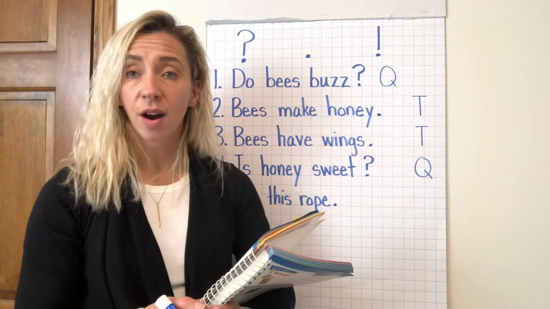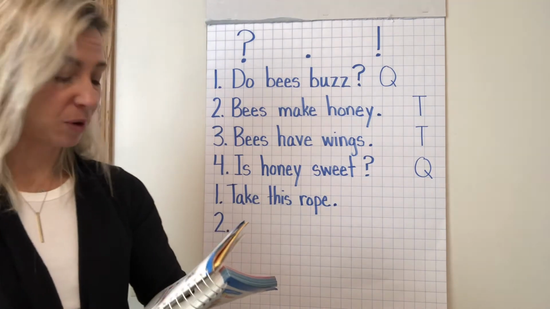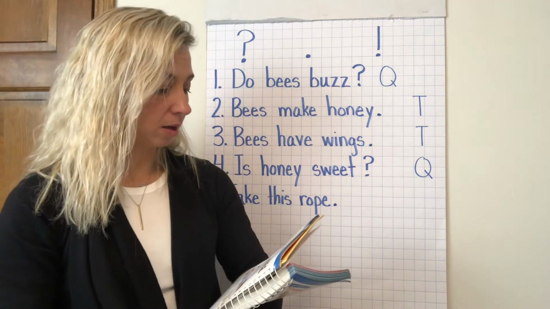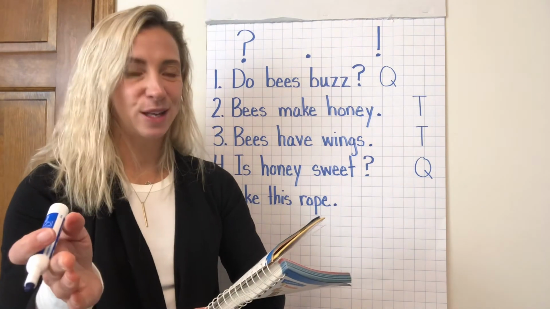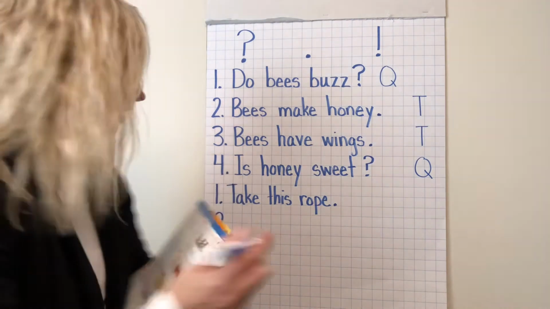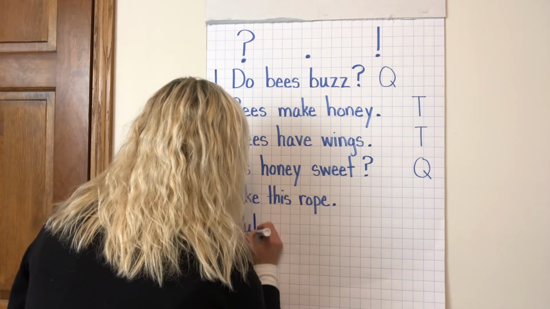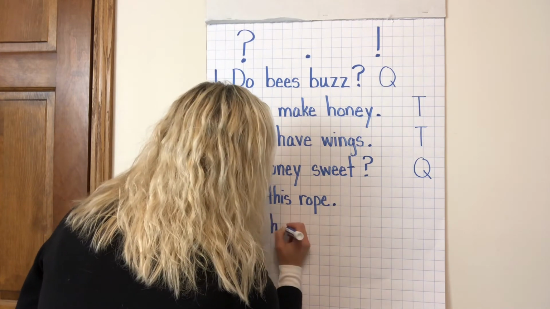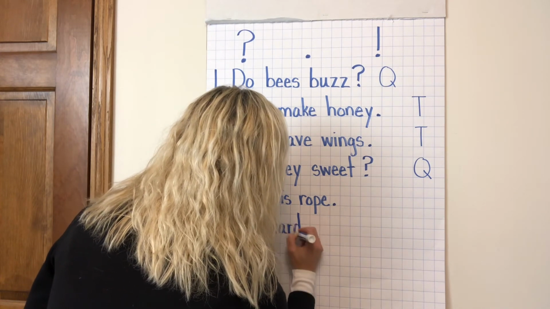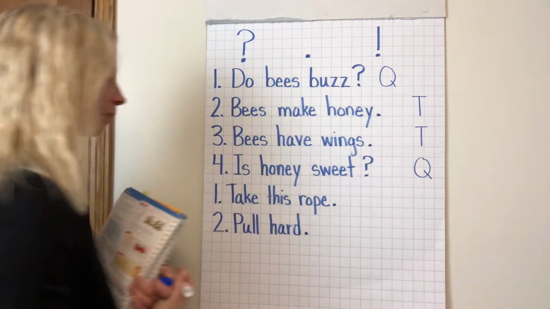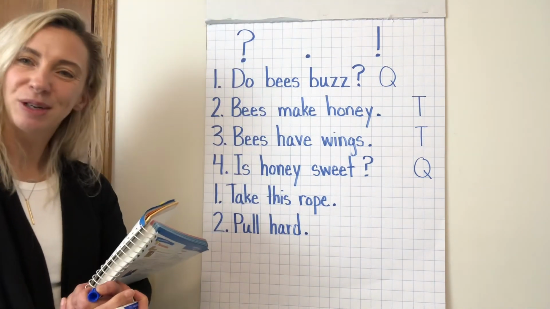Pull hard. All right, how can I fix that? Pull hard. Uppercase P and a period. Here we go. Pull hard. With a period. That's a pretty short sentence, isn't it?